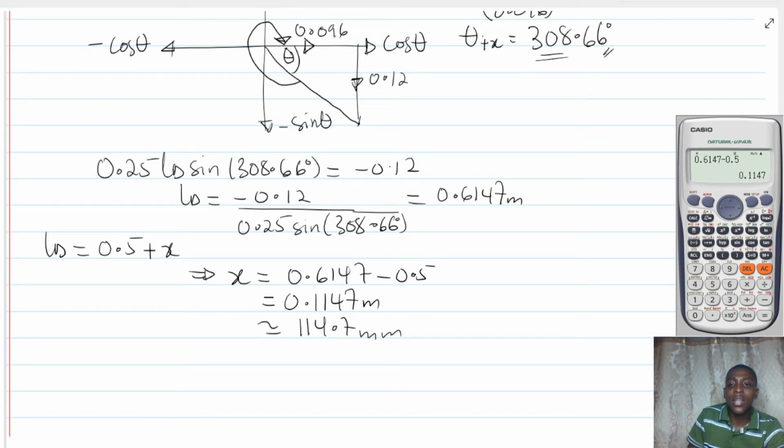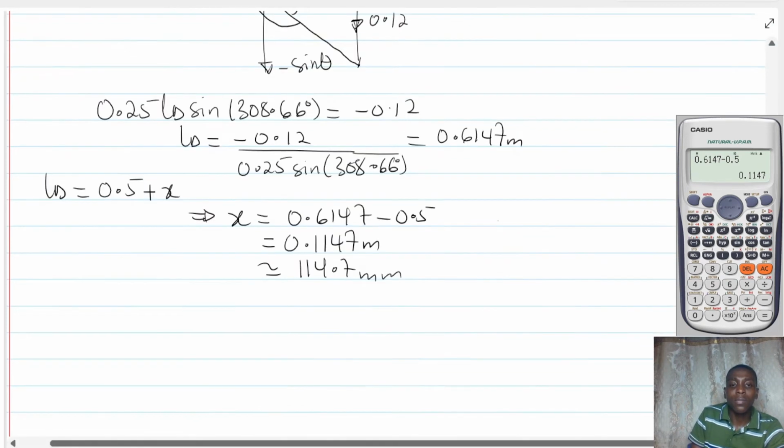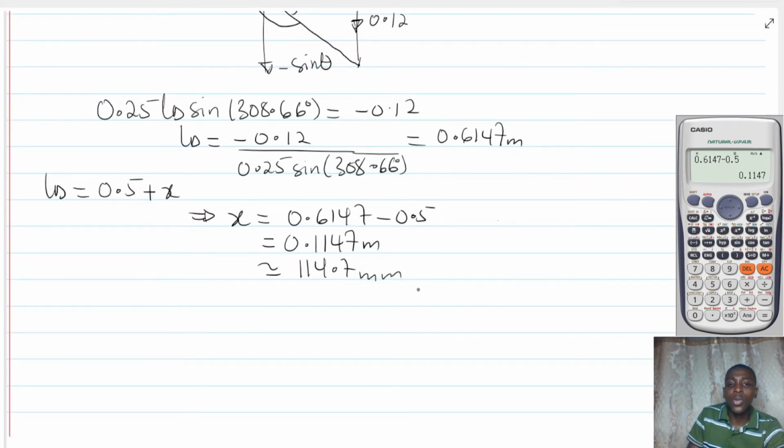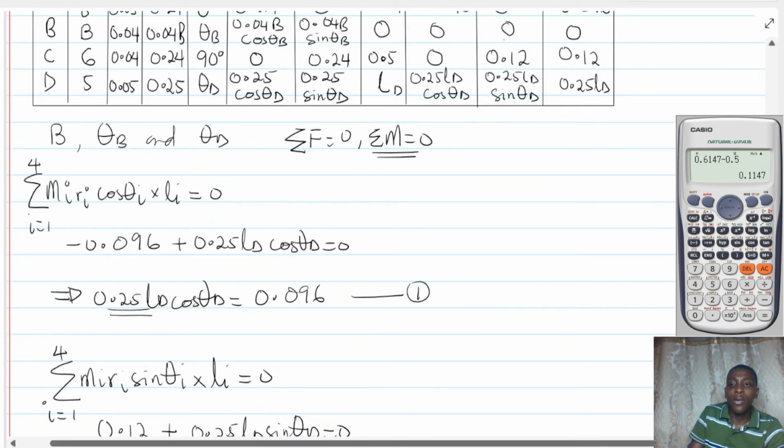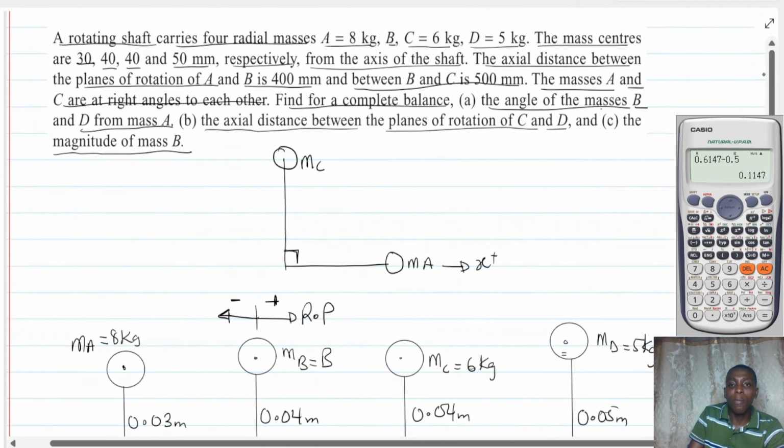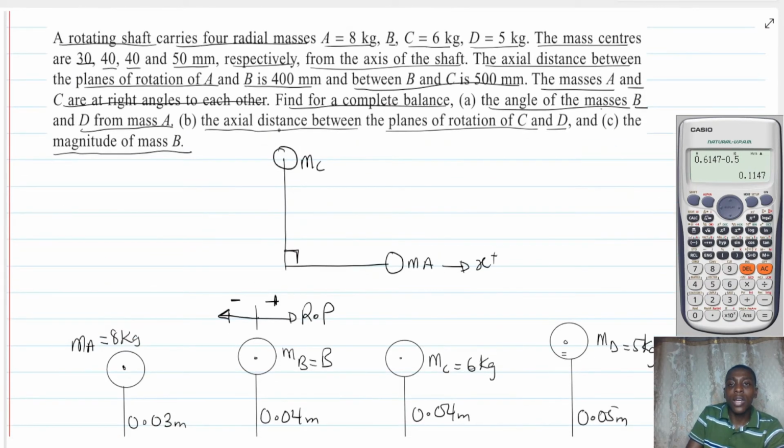So that is the distance between the planes. Now we are done with this part of the problem. So we are done with B.